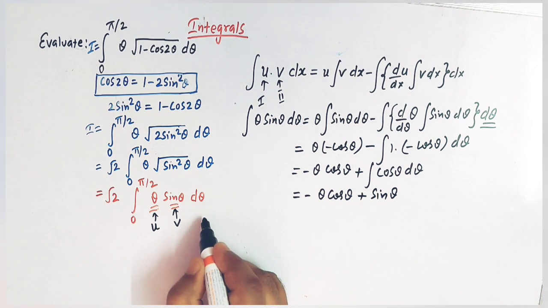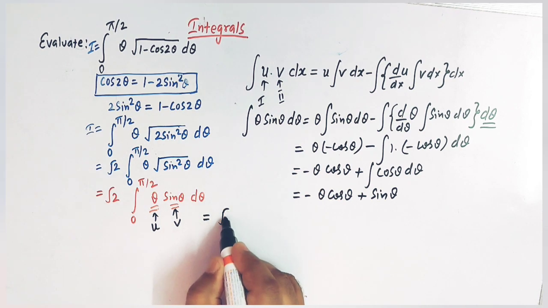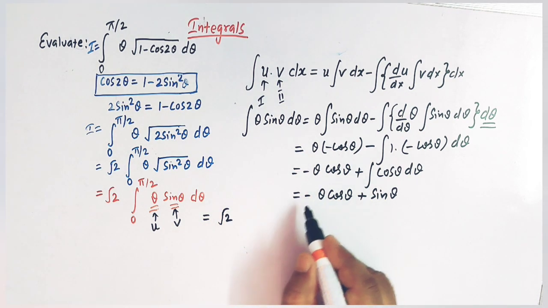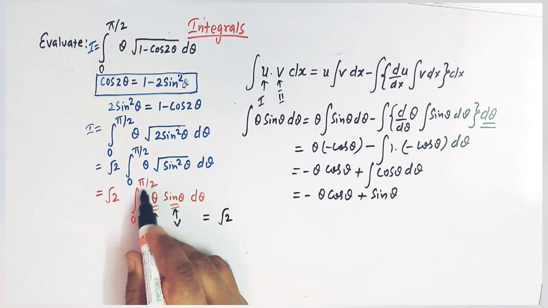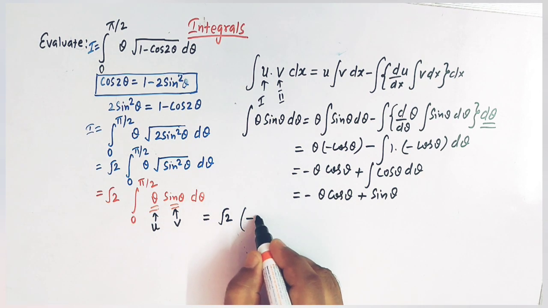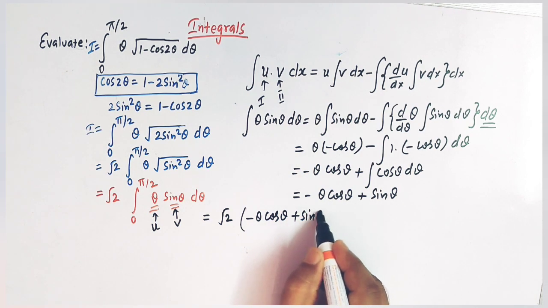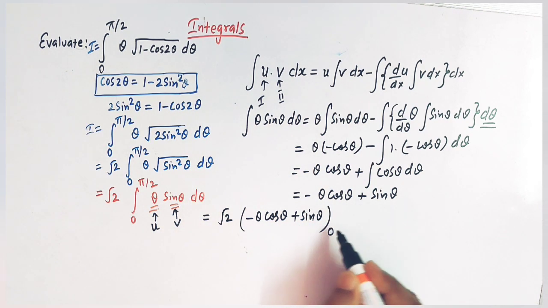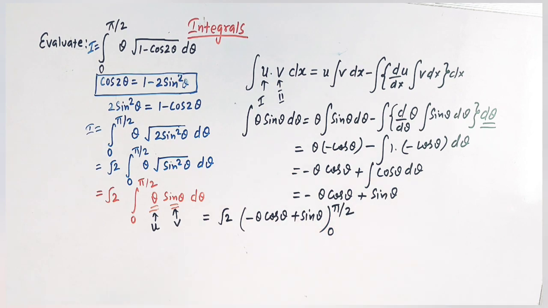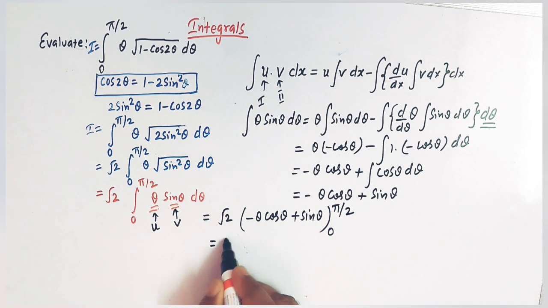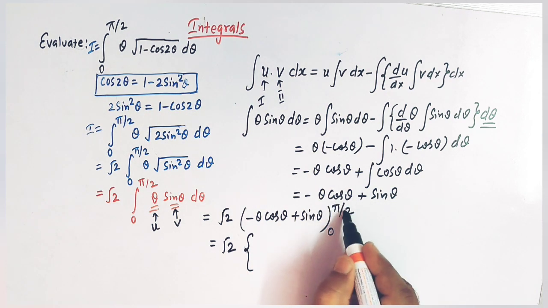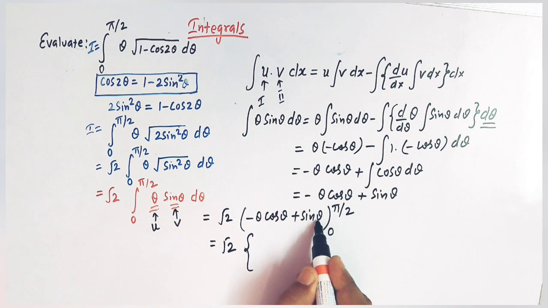So now this integral can be written as square root of 2, and now we simply take the limits. We can now write minus theta cos theta plus sine theta, and the limits of integration are from 0 to pi by 2, right? Okay, so now we have square root of 2. First we take the upper limit and substitute it here.